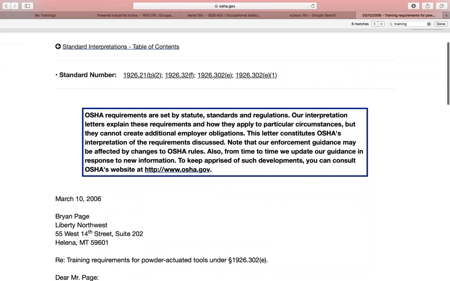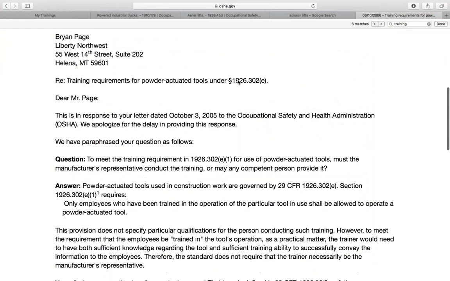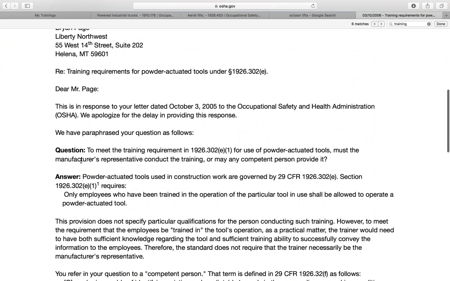This is what it's saying, right? There are your construction standards that are referenced, and basically it's saying that powder actuated tools used in construction are governed by this standard number. Basically, only employees who have been trained in the operation of the particular tool in use are allowed to use that powder actuated tool.